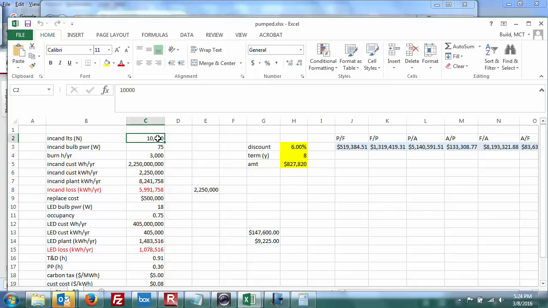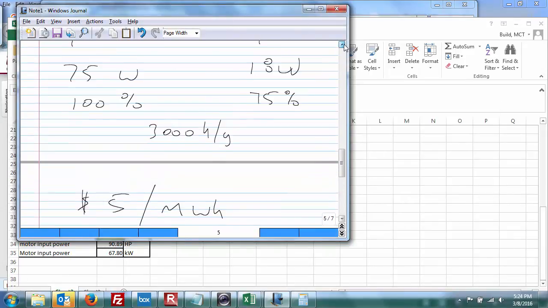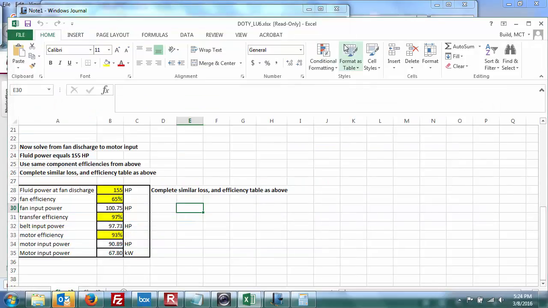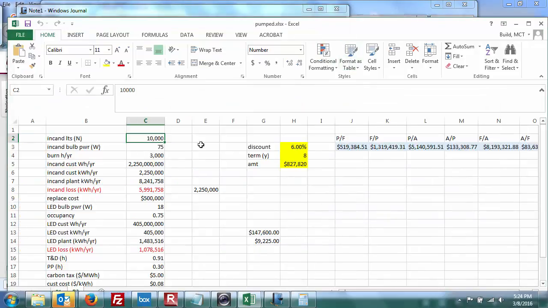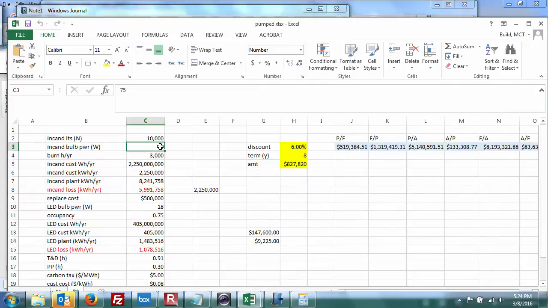So, 10,000 lights is the number coming in. Let's just double check all that. 10,000 lights. Incandescent bulb, 75 watts, is that what we said? 75 watts, okay. 18 for the LEDs.